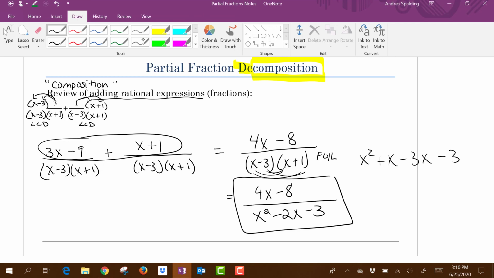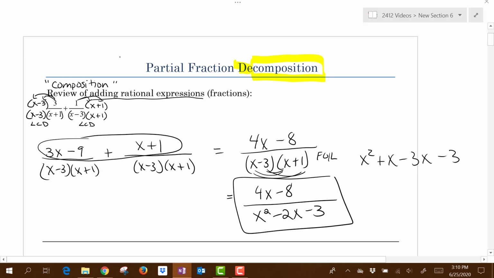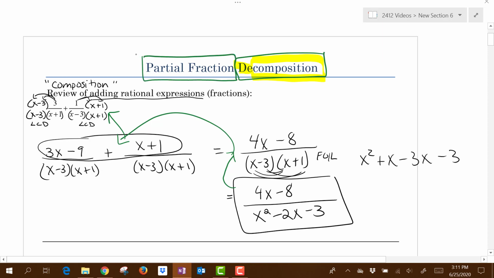So what is decomposition? The purpose of this video is to talk about decomposition. Decomposition means I want to reverse this process. So I want to go from here to here to here to here. My final answer is actually going to be what we call the partial fractions. What were the original two fractions that we added together so that we achieved this one fraction in the end?